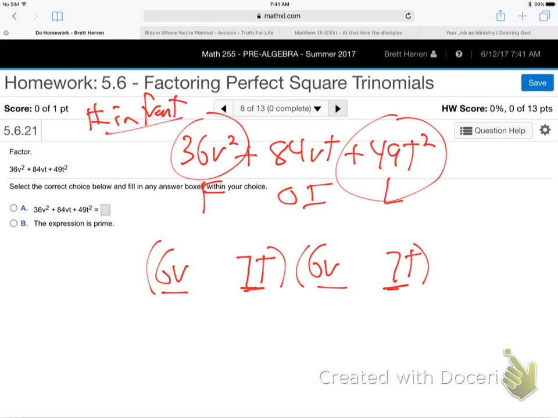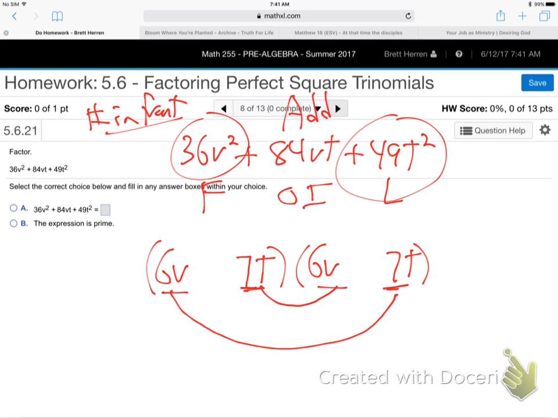Okay, now how do we know if the middle is good? Because 7 and 7 certainly don't add to be 84 in the middle. It is an add in the middle, but it's not just an adding of 7 and 7. What is it an adding of? The OI, right? That's why I'm writing the O and the I underneath the middle there. The O and the I stand for outer with outer, inner with inner.